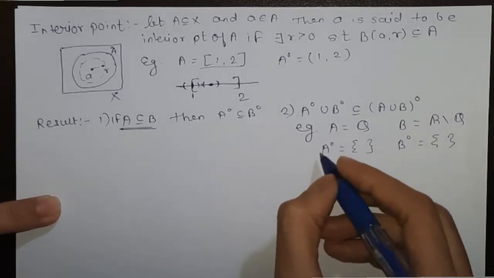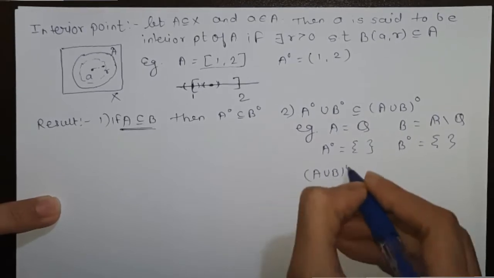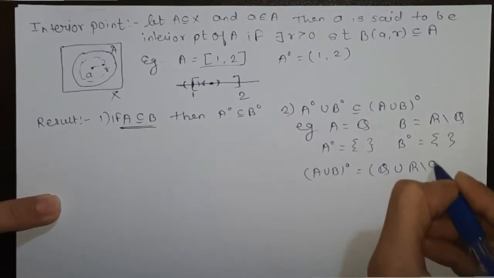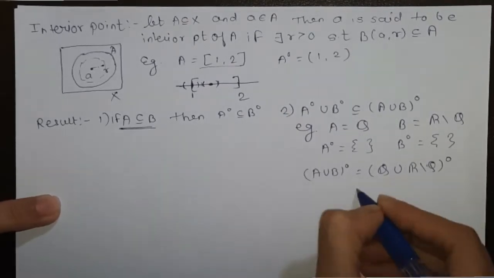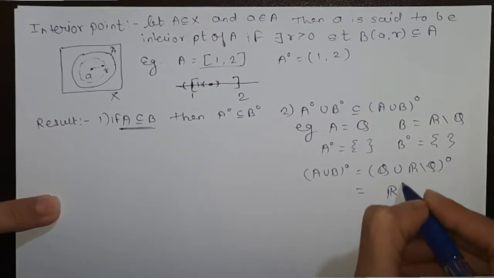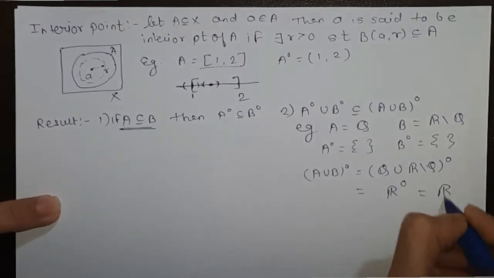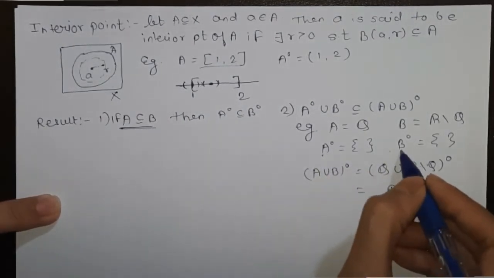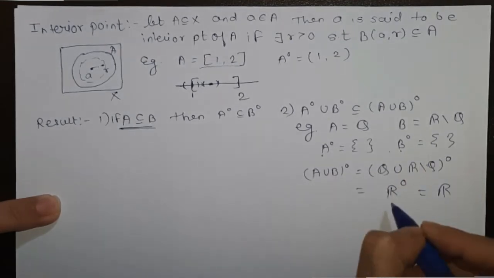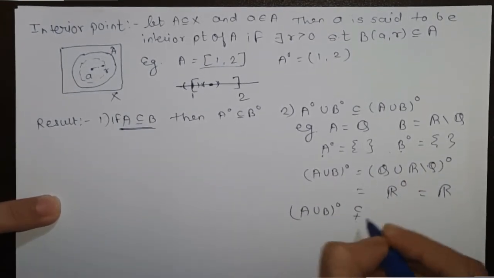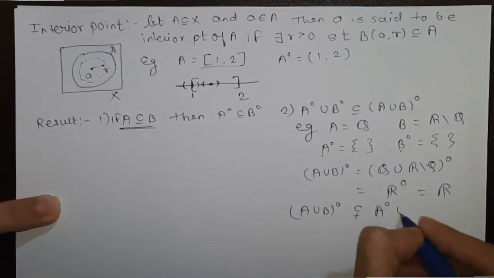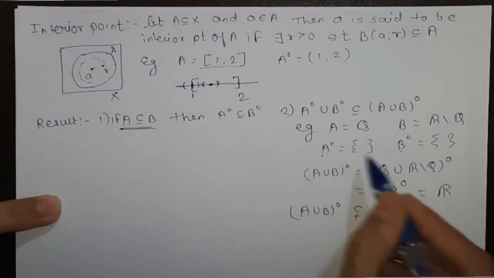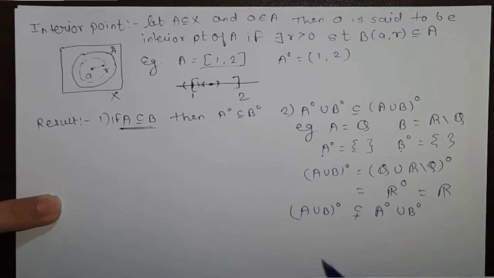But the interior of A union B is the interior of rationals union irrationals, which is nothing but R, and R interior is again R. So A interior union B interior is empty, and the interior of A union B is not a subset of A interior union B interior, since R is not a subset of the empty set. So that's why this is not true.